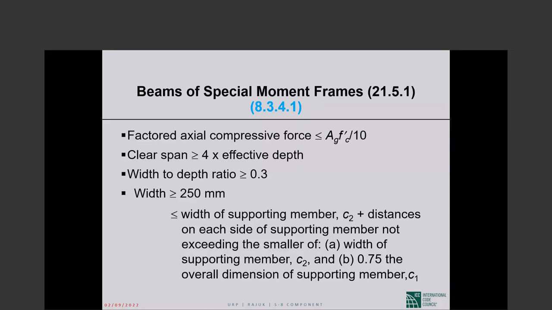So if you don't have beams between some columns, without drawing a picture it is very difficult to explain. Your special moment frame will consist of the beams that you have and the columns that you have.